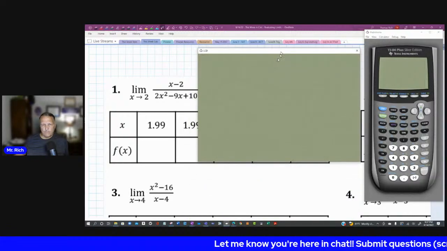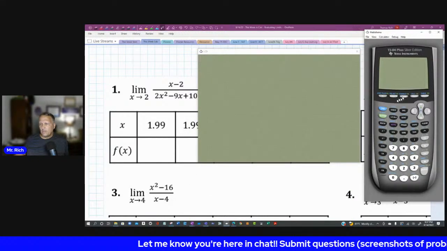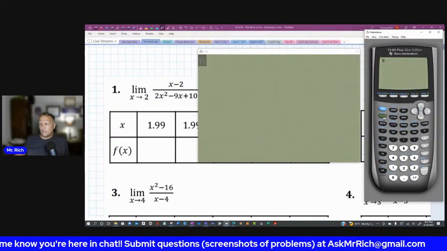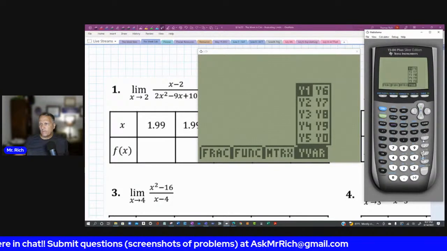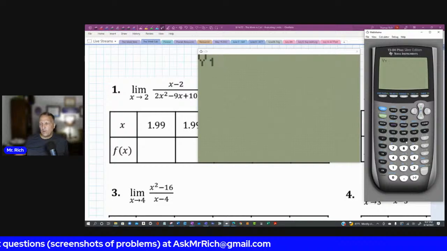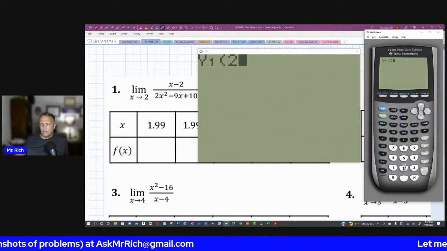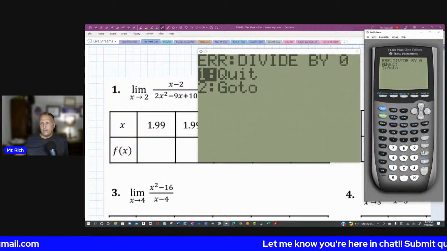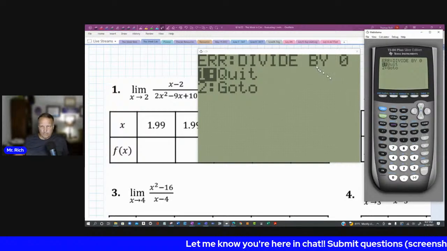Let me pull this back up. So what I'm going to do is call up, let's do alpha F4. There we go. So I'm going to call up my function y1 and ask it, hey, what's my y value when x is 2? And you can see that I get an error, right, because I'm dividing by 0.